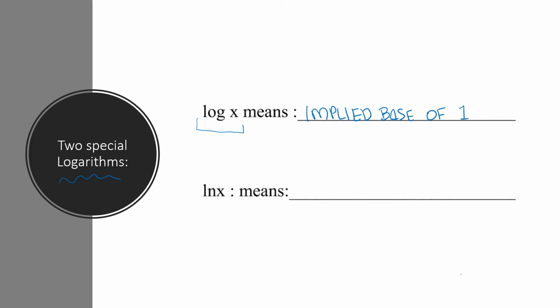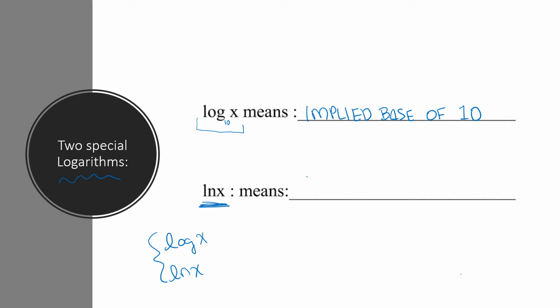If you look on your calculator, the two calculator buttons that you have for logs are log of x and ln of x, and they're right on top of each other. If you're using a graphing calculator, it's on the left side, in the middle column. This log of x has an implied base of 10. So whenever you see this, if you want to, you can just write a little 10 in there. And then ln of x.